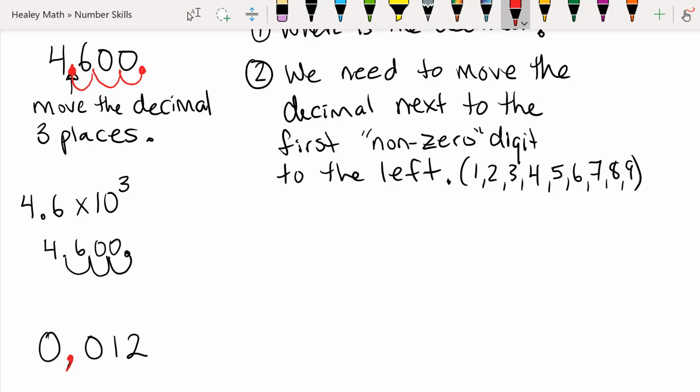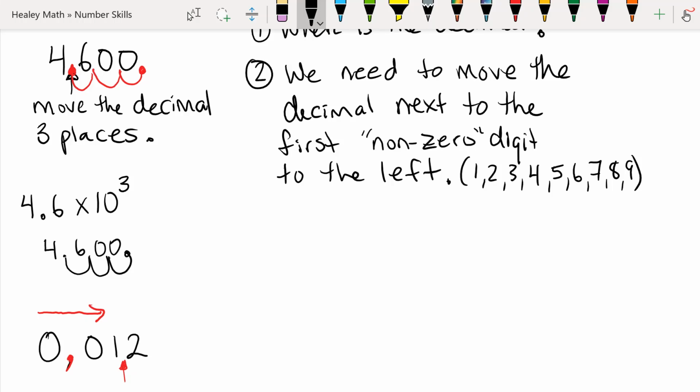Second, we need to move the decimal next to the first non-zero digit. And as we scan from left to right, we notice that 1 is our first non-zero digit, so the decimal must go between the 1 and the 2.